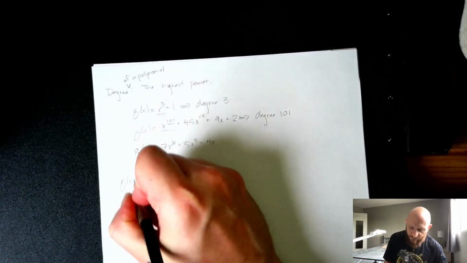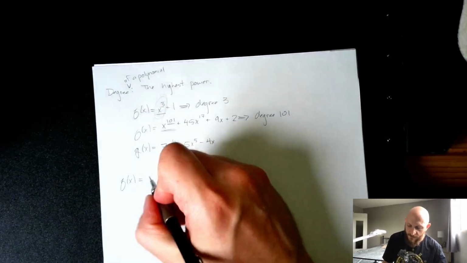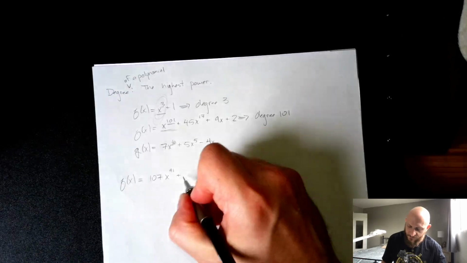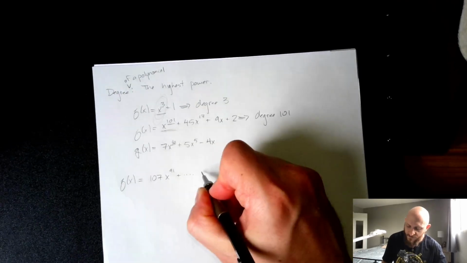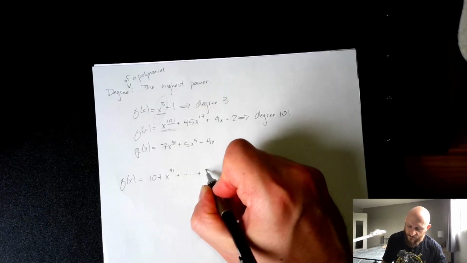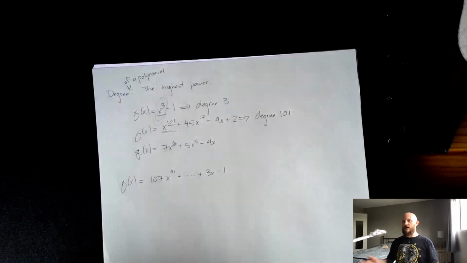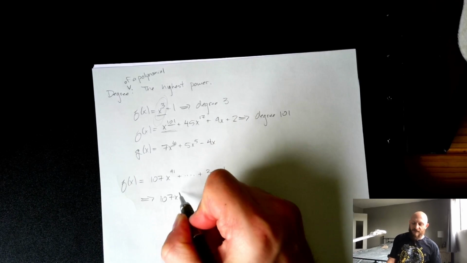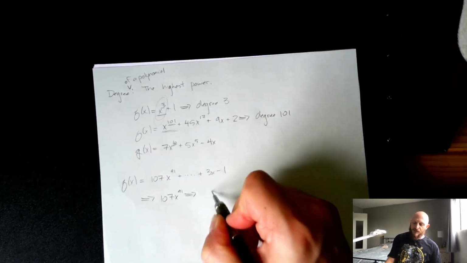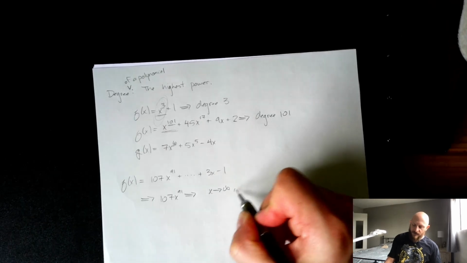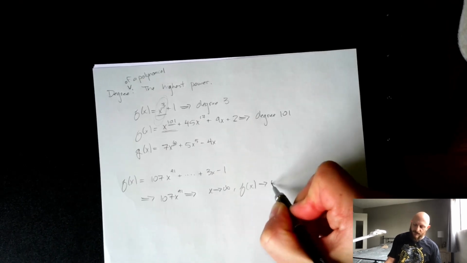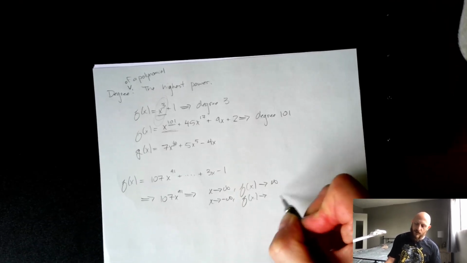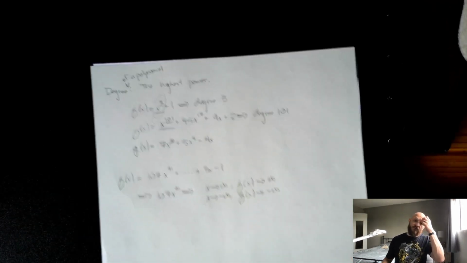So with something like f of x equals 107x to the 91st plus, whatever it is, just assume it's a polynomial in here, plus 3x minus 1, we can just think of this as 107x to the 91st power, which means that as x goes to positive infinity, f of x goes to positive infinity, and as x goes to negative infinity, f of x goes to negative infinity. It just reduces down like that.